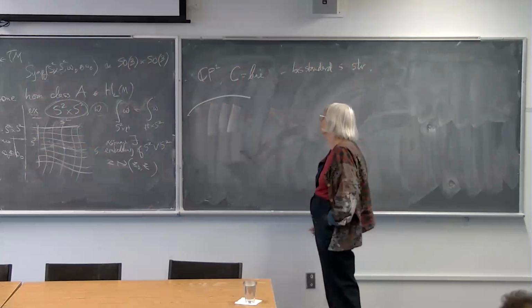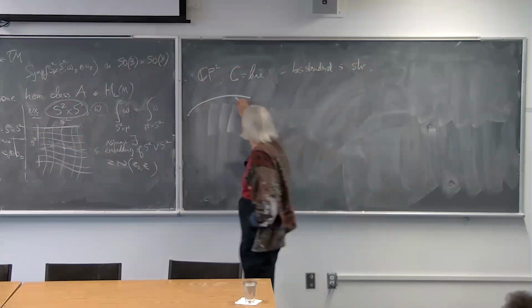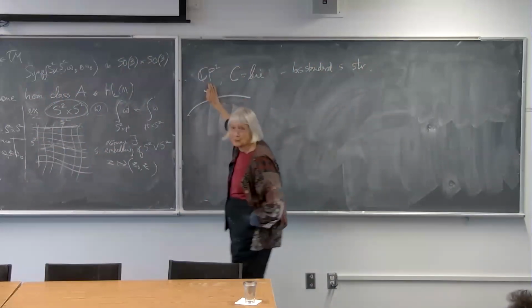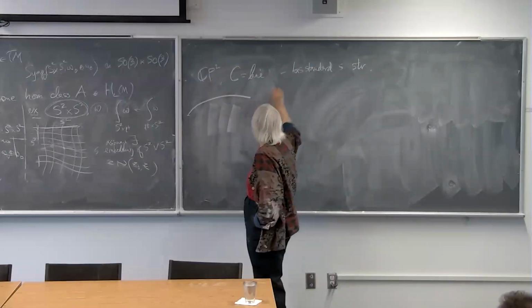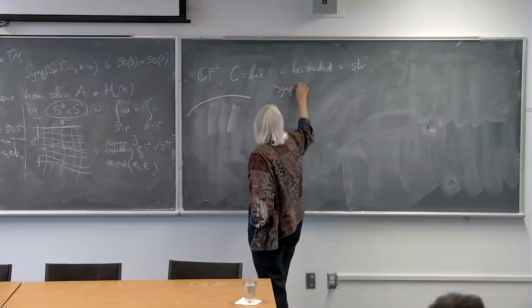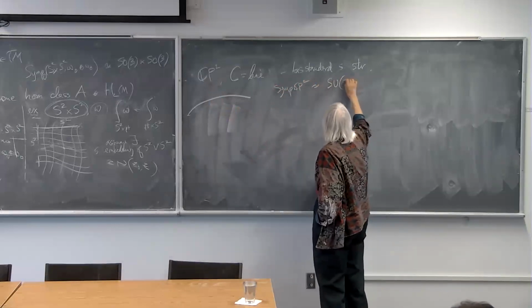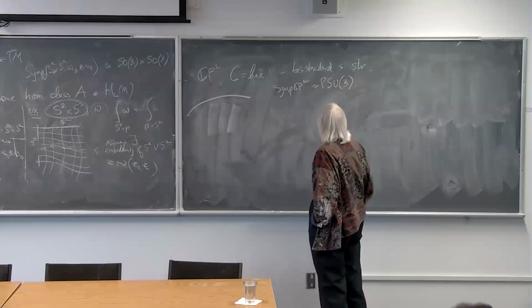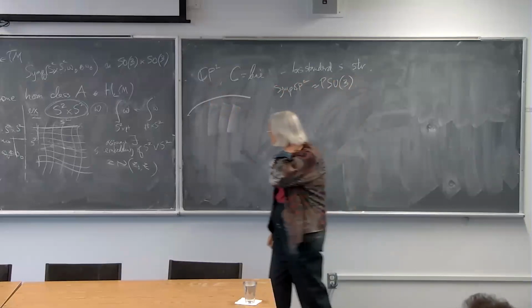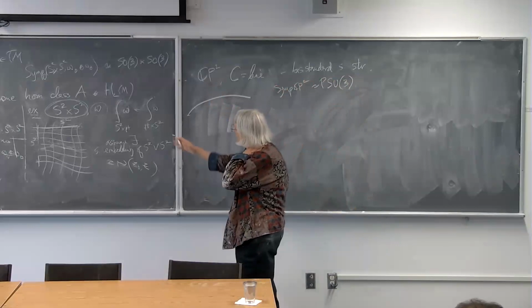So he proved these uniqueness results. And then he also showed that the symplectomorphism group of CP2 is homotopy equivalent to PSU3, I suppose. So those are some of his results.